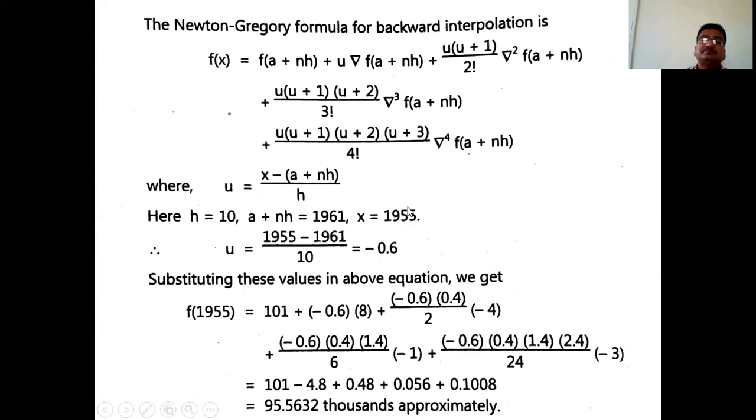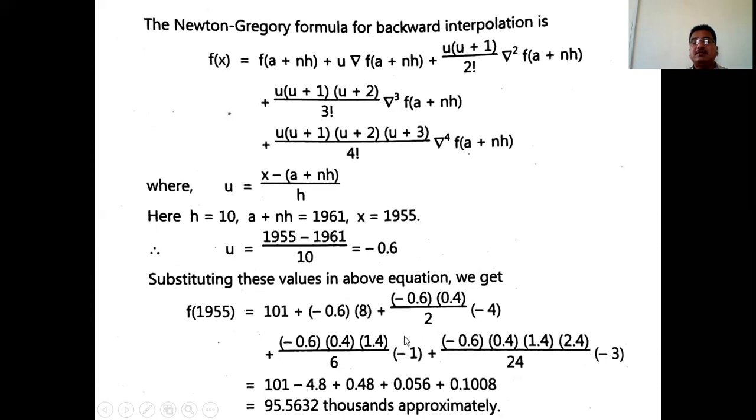So x is 1955, and then find u. U is 1955 minus last value of x, divided by 10. That is h, the common difference, and therefore it is minus 0.6. And then substitute all these values in this equation. Fx, x is 1955, and f of a plus nh means the value of the function at the last point, 101, and then u, and del f of a plus nh from the table is 8, and all the remaining values: del square f of a plus nh, and del cube f of a plus nh.